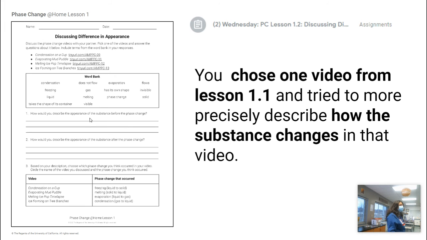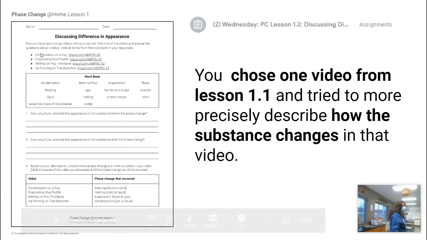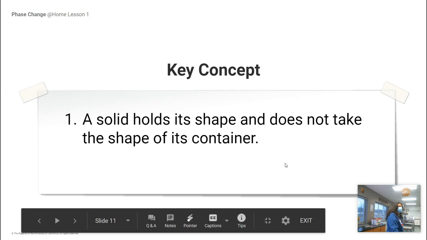So a sentence or two about what it looked like before, a sentence or two about what it looked like after, and then just highlight the video and the phase change that occurred. All of them, the phase change that occurred was in the title of the video. So you should have gotten that one pretty easily. If you haven't submitted this assignment, you need to do so. Okay? It is going to receive some points.